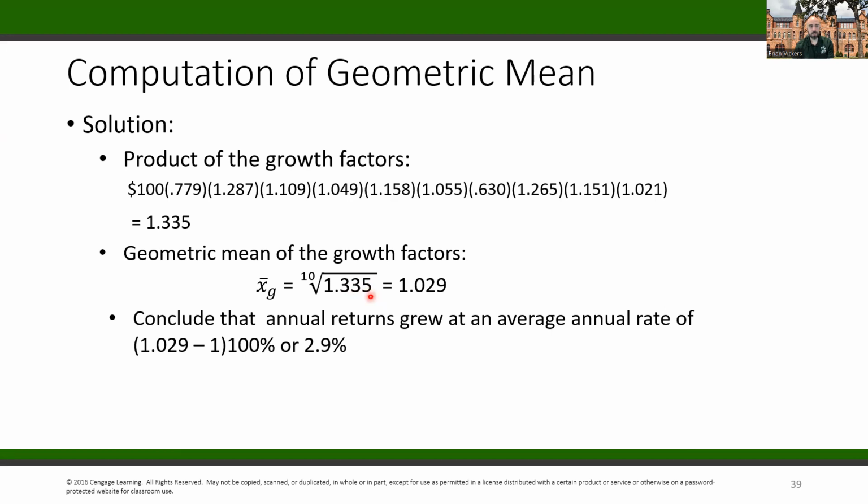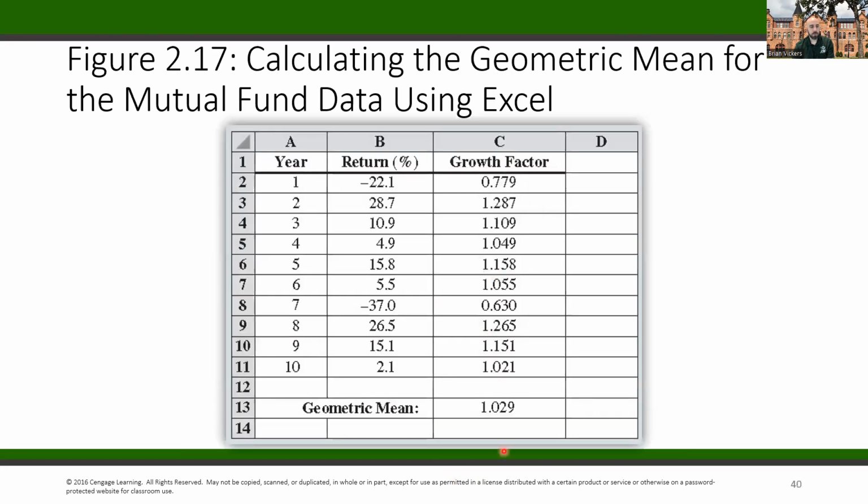Or if you look online, there are root calculators. You can type in 10 as the root and then type in the number, and it'll find the 10th root for you. But this tells us that the average growth would be 1.029, which is 2.9%. It's a slightly different way you do it when you're looking at growth factors.